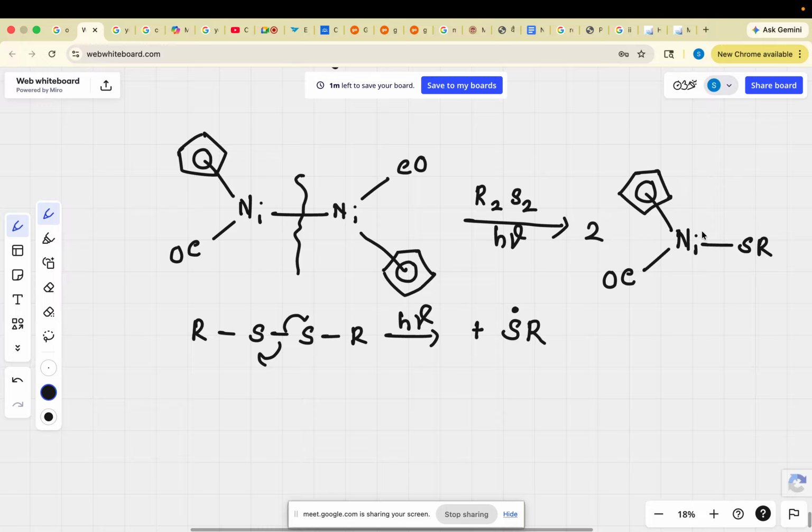You can see how many electron system it is. Nickel is basically 10 electron system. From the cyclopentadienyl you will get 5 electrons, carbonyl you will get 2 electrons, and SR is donating only 1 electron. So overall you are getting 18 electron.